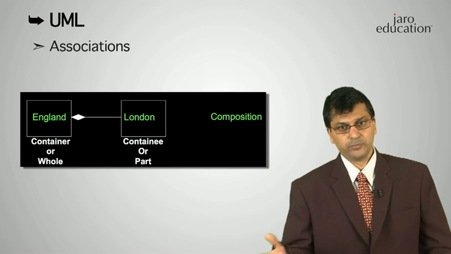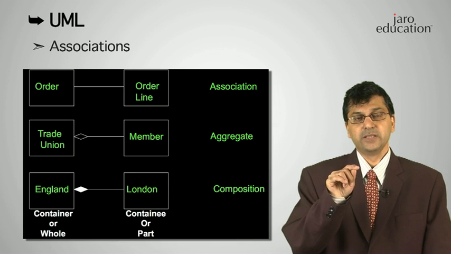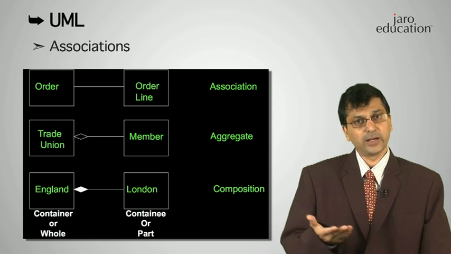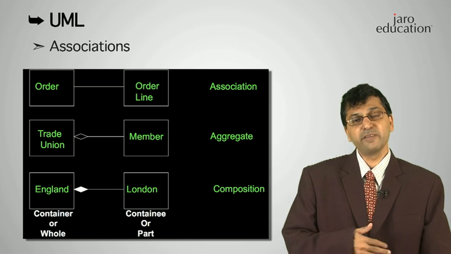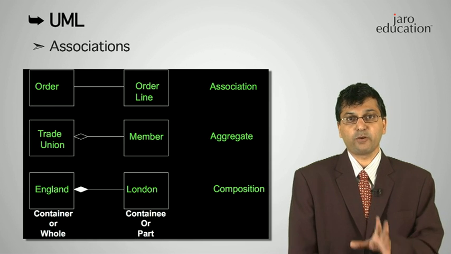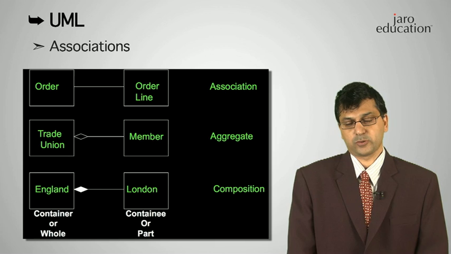Okay, so that's composition. Aggregate is indicated, like I said, with a solid line and a diamond pointing towards the whole, and composition is indicated by a solid line again, but this time the diamond which is pointing towards the whole is a filled diamond. So these are specific notations that you have to remember. You cannot use any other notation to indicate these associations.